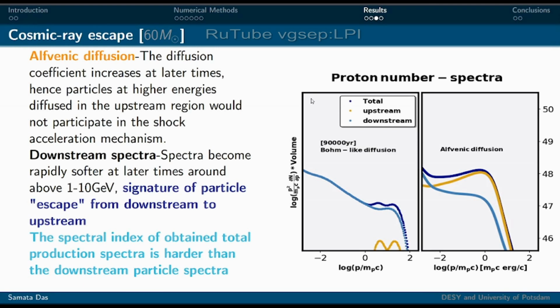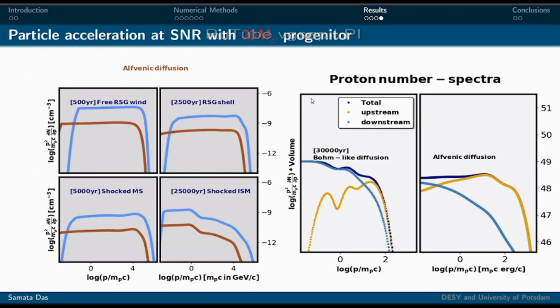Now, if we do the same calculation with a much lower mass progenitor star, you can see that the spectrum is not softer, because the wind bubble is not hot enough to soften the spectrum. But at later times, because of the effect of Alfvén diffusion, we can get the softer spectrum.